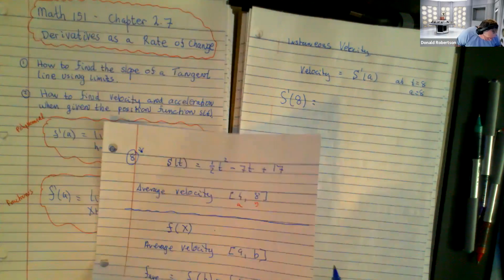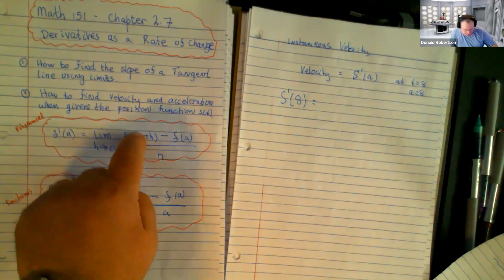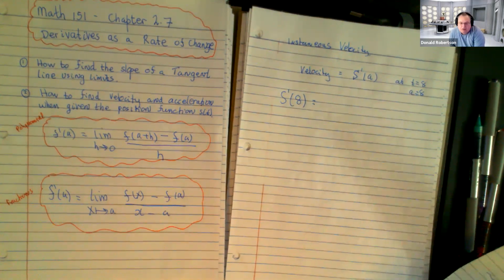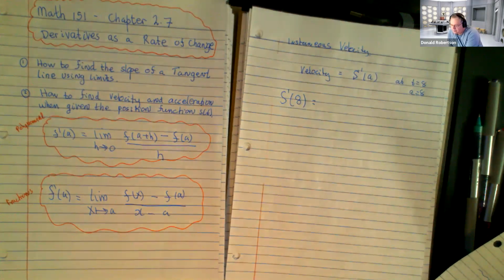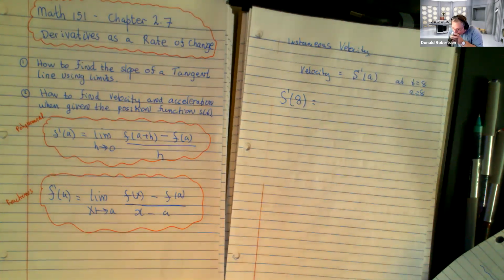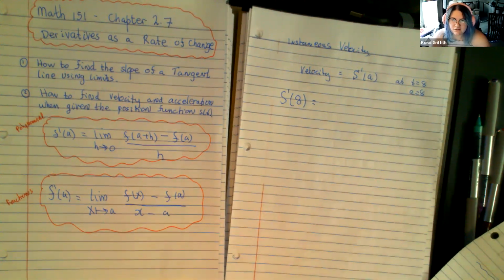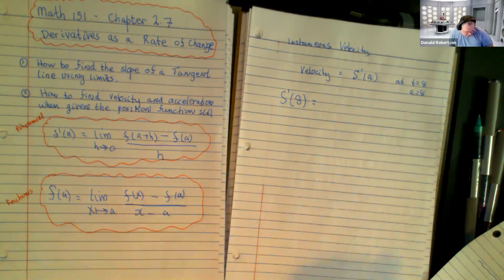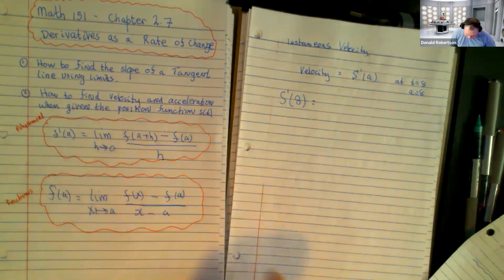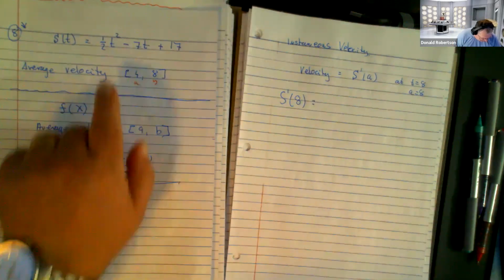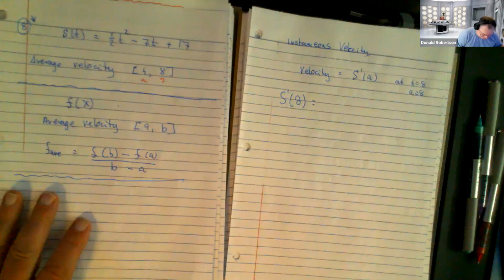I have 2 choices. I could go this way, I could go that way. Which one do you want me to use for this question? The bottom one, because it's a fraction? Well, it's a fraction. The original formula's got that, so why not?